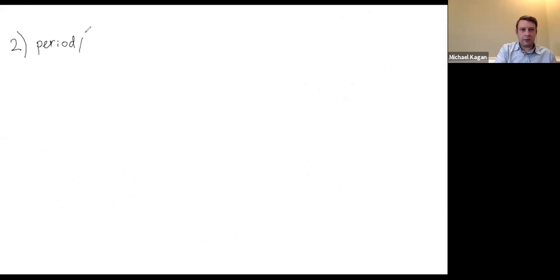Or frequency, rather. It's easier to work with the frequency of a pendulum. Again, I suspect that many of you have taken mechanics, have learned oscillations and know the answer, but pretend you don't. So here is the pendulum, and you deflect it by some small angle.